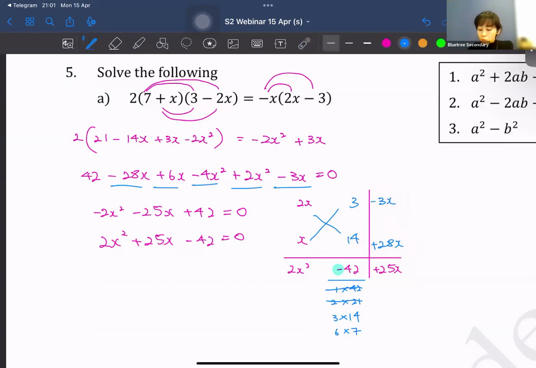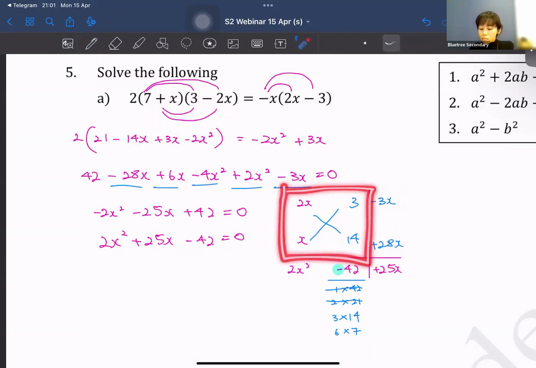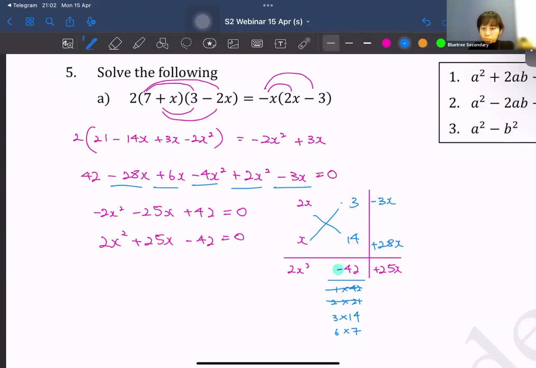That means to say my negative needs to go to the 3. And the negative needs to come from this front part's multiplication and that's going to go to the 3 because my 42 has a negative. So my two factors are going to be 2x minus 3 and x plus 14.